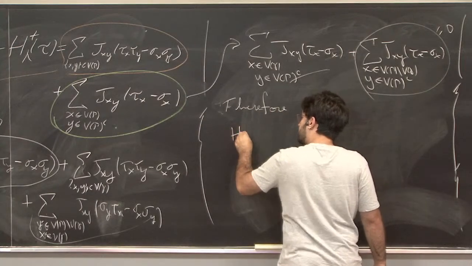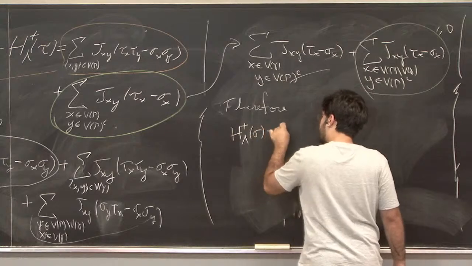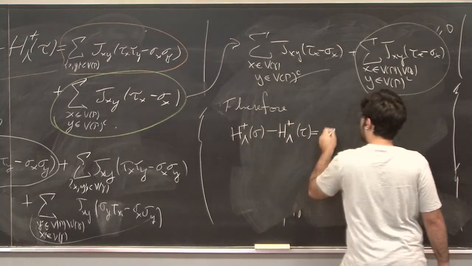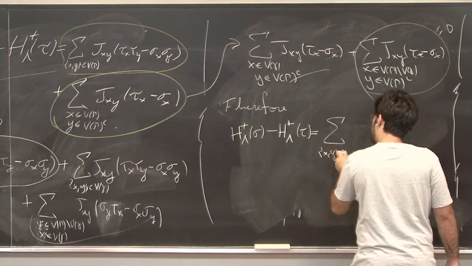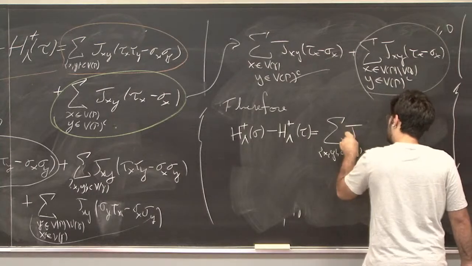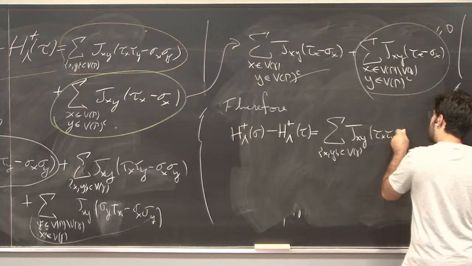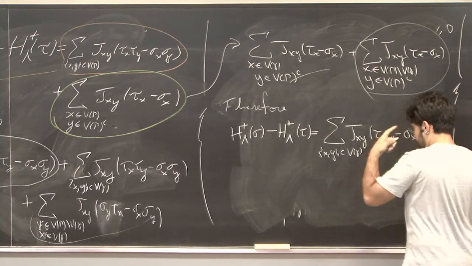So joining every term that is not 0, these two terms with this one, I get that the difference of the energies will be the sum over what happens inside V gamma, J xy, tau x tau y minus sigma x sigma y. I still don't know what happens inside here.